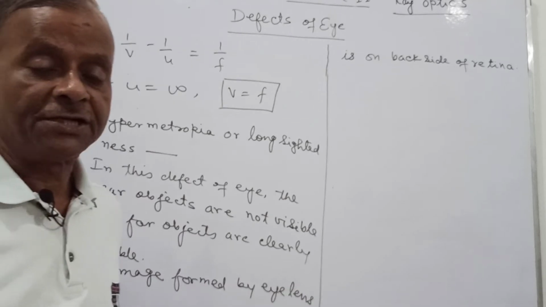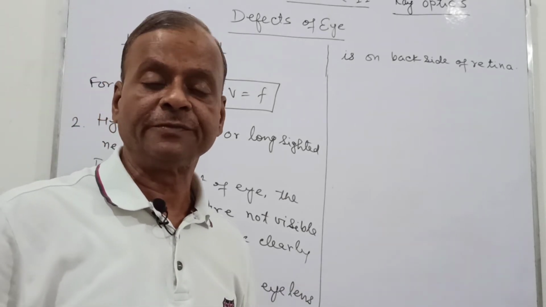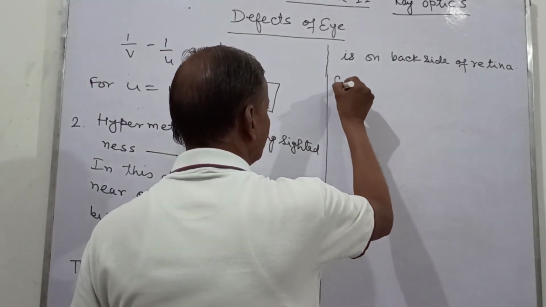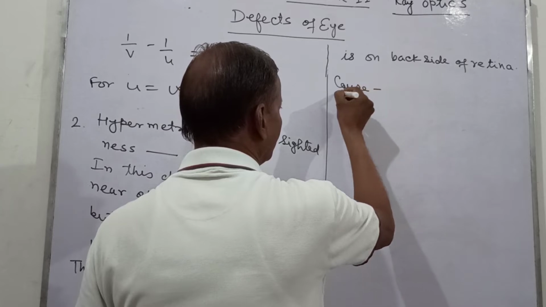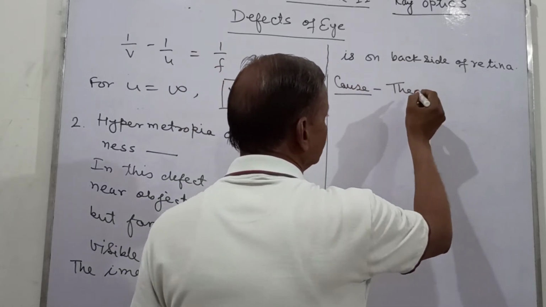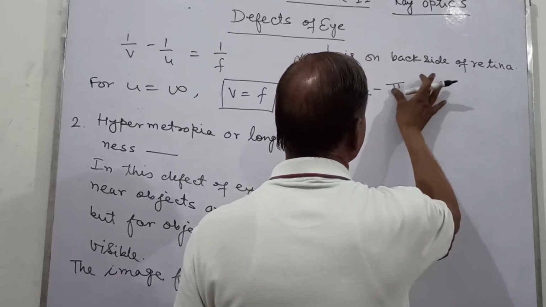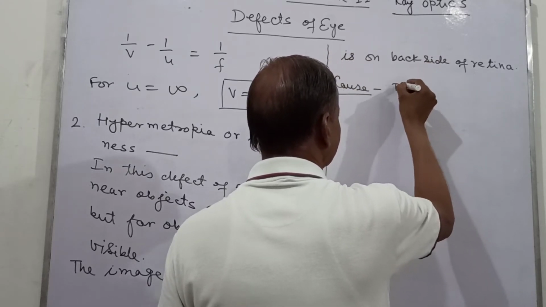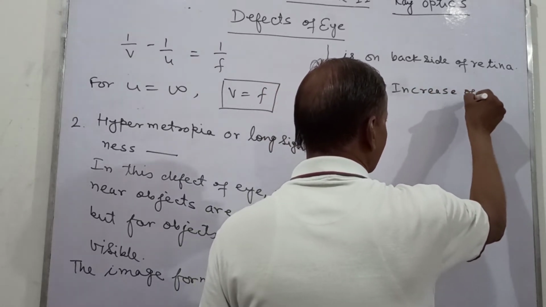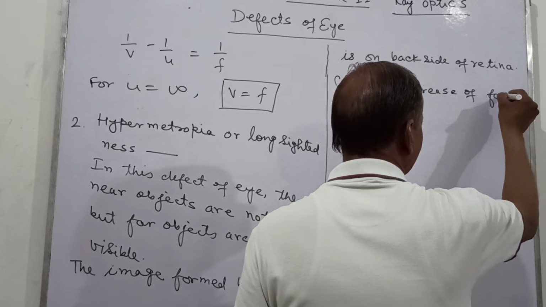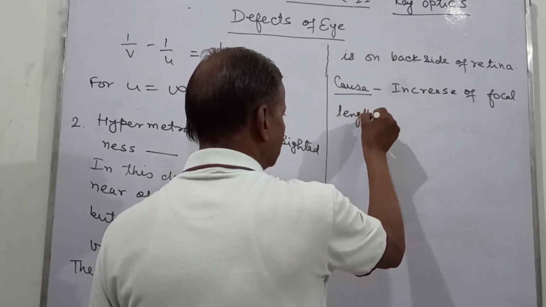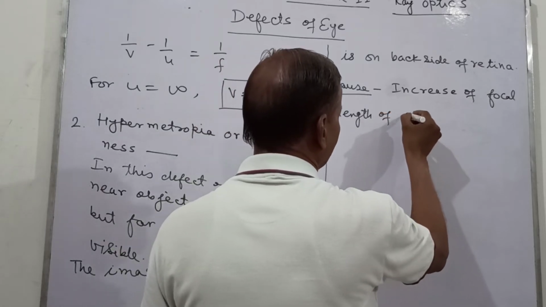So it means that the focal length of the lens has increased. This is now because of this one: increase of focal length of the eye lens.